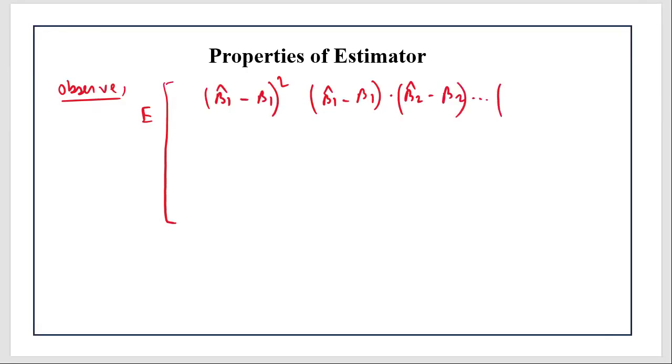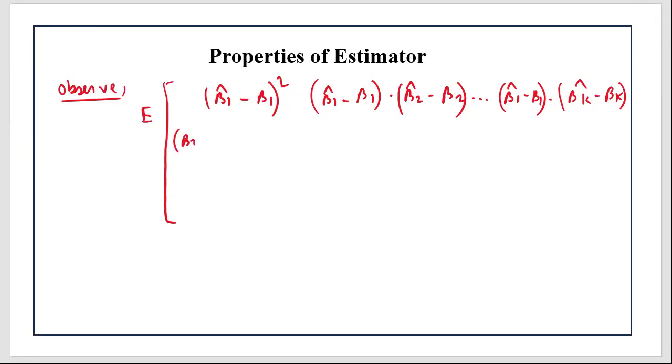And the final term will be beta 1 cap minus beta 1, you have a total of k parameters, so beta k cap minus beta k. Everything will have a curl, but you may not write the curl here because we are talking about the individual parameters. So this is the first row.